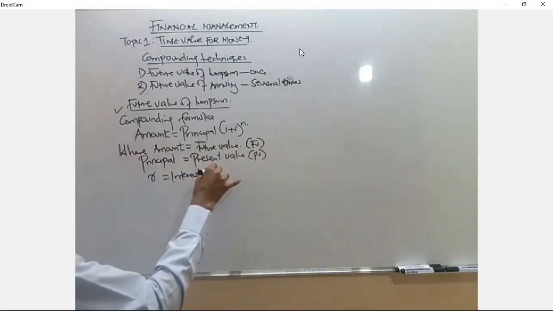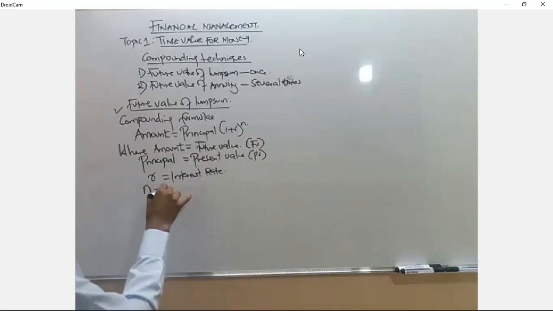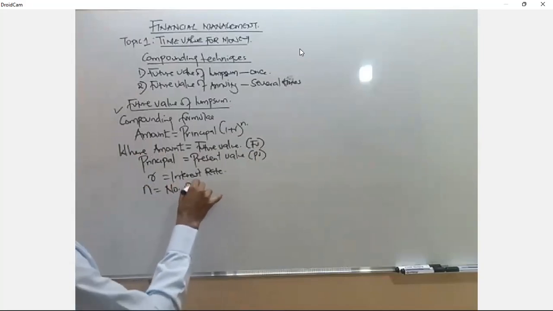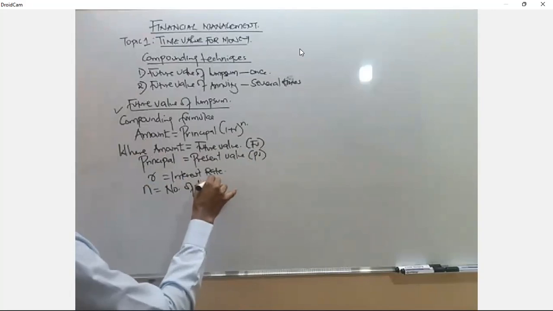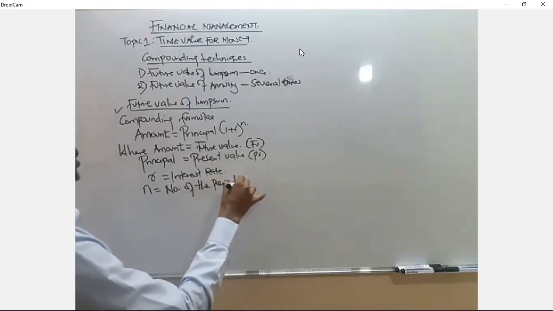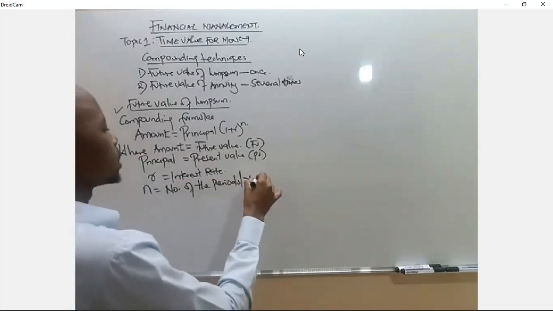Because I know very well as an investor, you cannot be told to invest with ours, but there is no interest rate. Then you will not be able to invest. Then we have our N, which is the number of periods, years.